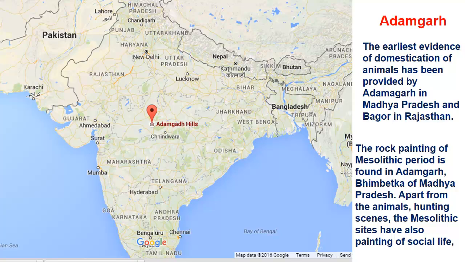Clear? The rock paintings of the Mesolithic period are found in Adamgarh and Bhimbetka. Bhimbetka has paintings in the Paleolithic too, and Adamgarh also has them in the Mesolithic. And Adamgarh and Bagor have the earliest evidence of domestication. Got it?